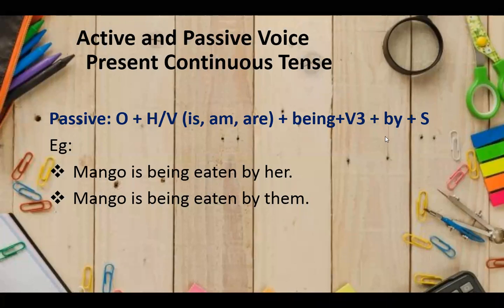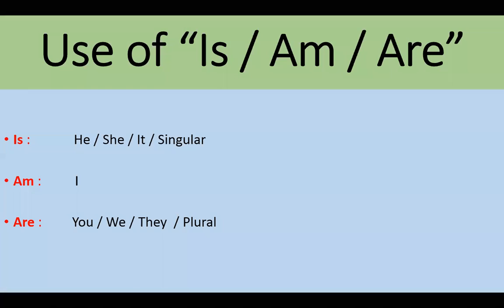Okay, so there is no confusion related to this structure. Now I am moving ahead. Just to make it clear, I have written the use of is, am, and are. See, is is used with he, she, it, singular. If you have a single person in your sentence, you use is. For instance, Ali is eating a mango. Ali is a single person, so we use is.